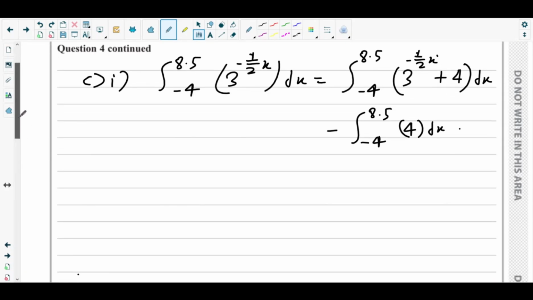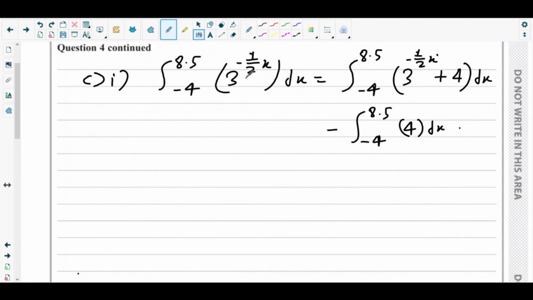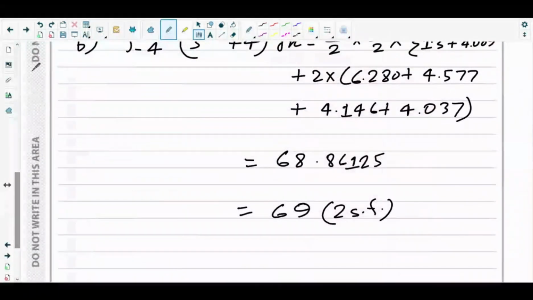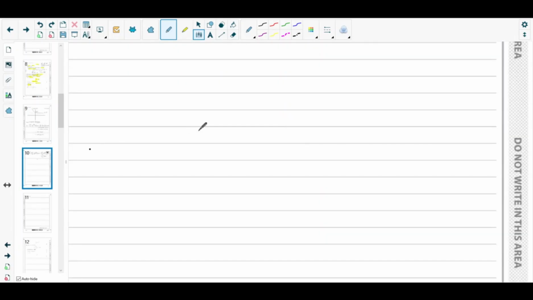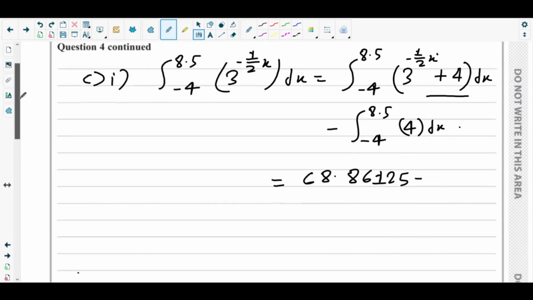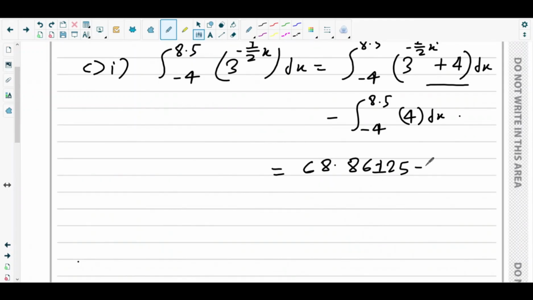Because we need just 3 to the power inverse half of x, but here the plus 4 is extra, so we simply need to subtract it. The answer of part B we got is 68.86125 minus the integral of 4, which gives 4x, with upper limit 8.5 and lower limit -4.